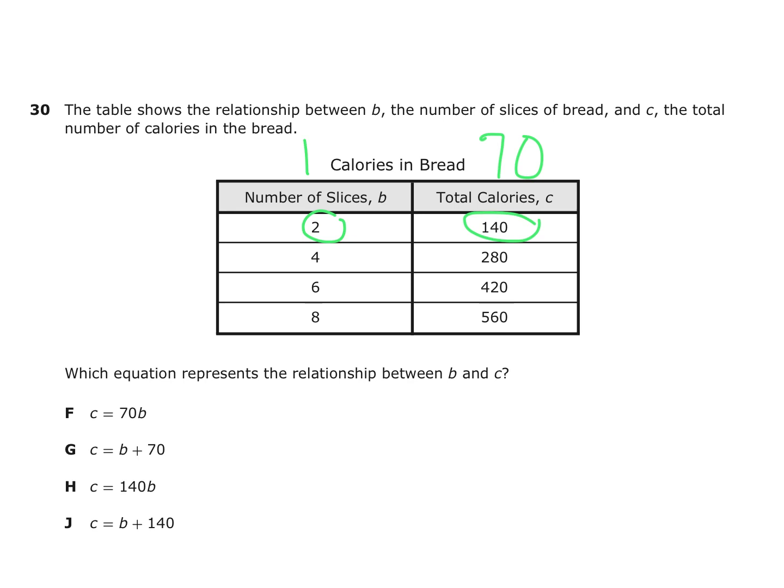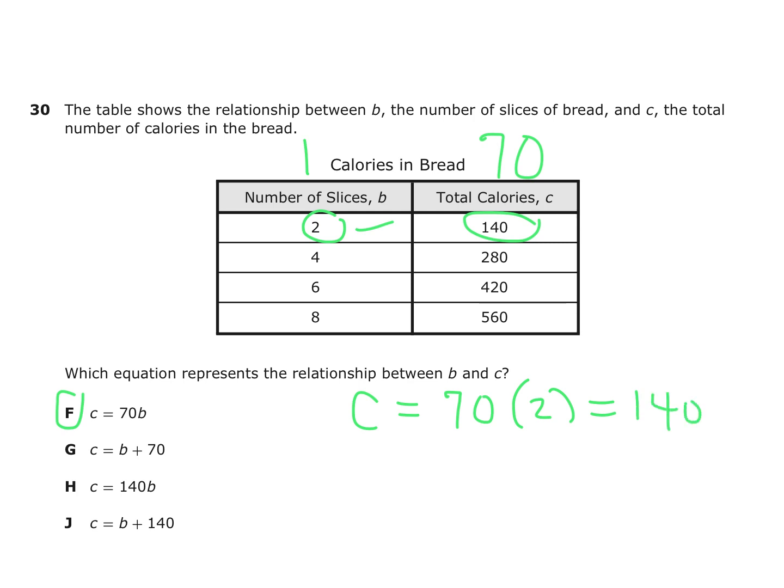Well, it looks to me like for every slice of bread, you have to multiply by 70. So it should be C equals 70B. You can check this by taking 70 times B. If B was 2, you could multiply 70 times 2 and you get 140.